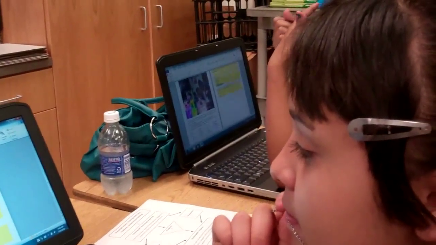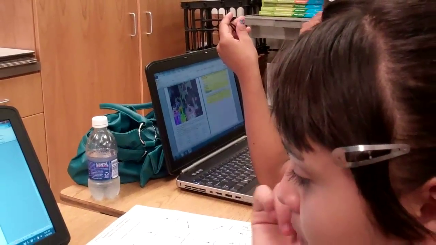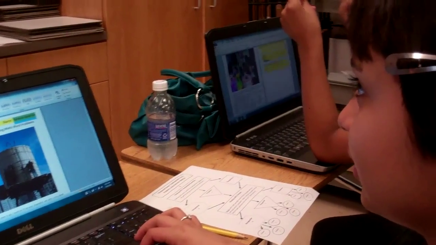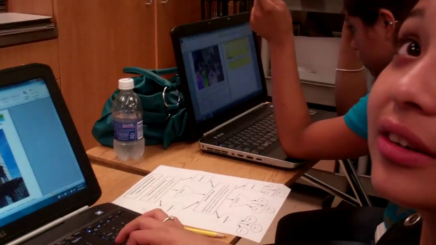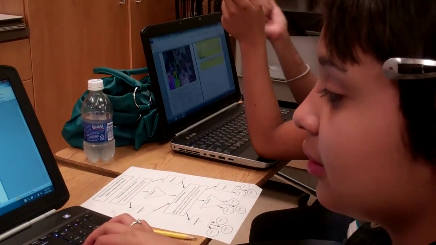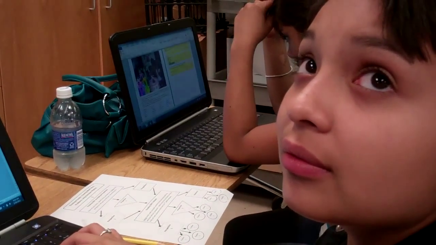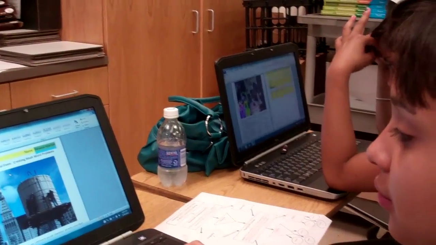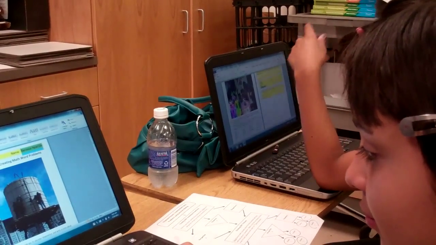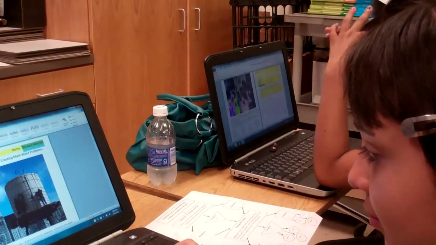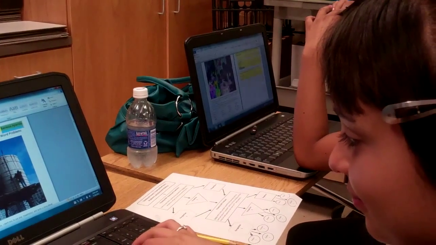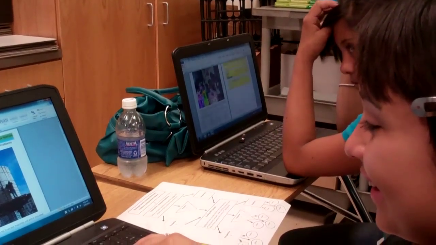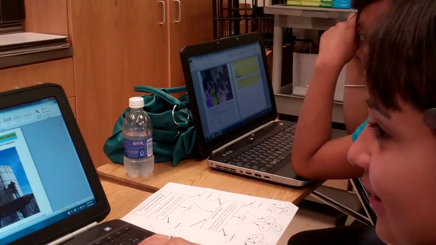All right? And so what are you measuring? What's the shape of the tank? A cylinder, right? And so you have to ask yourself, well, what measurements would I need to find the volume of a cylinder? Correct? Can you find the area of the cylinder? What kind of area do you find on the cylinder? It starts with an S. It's 2 words.